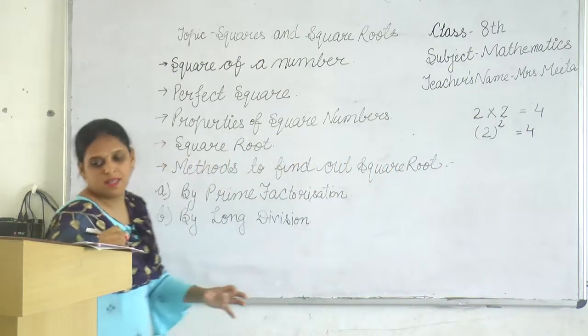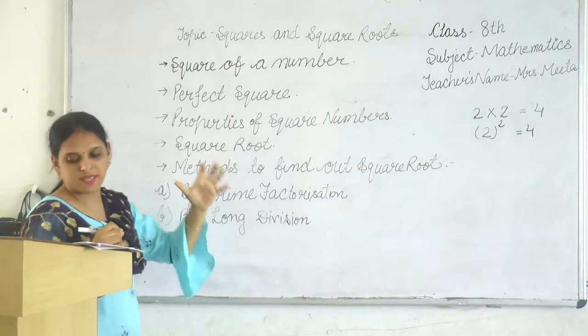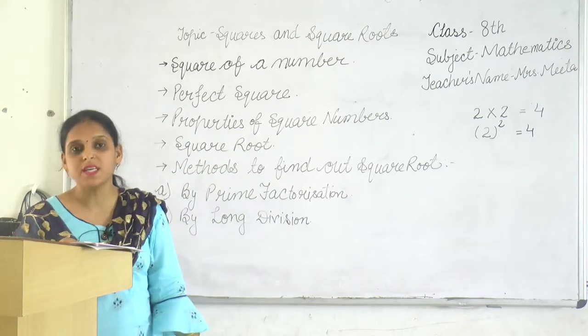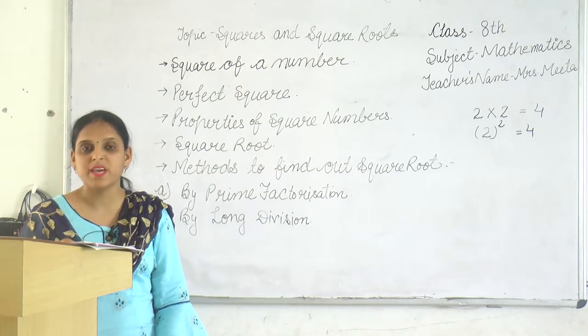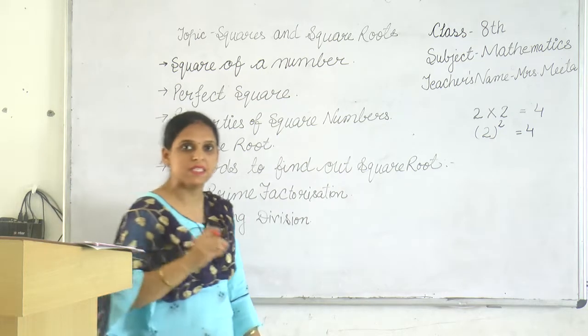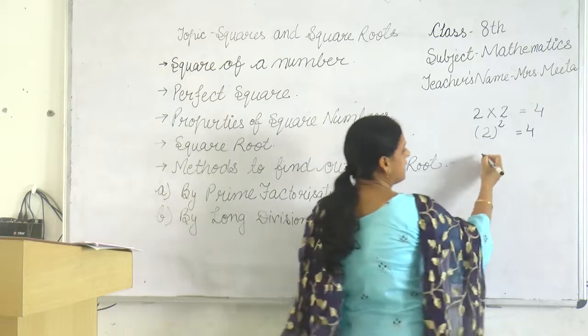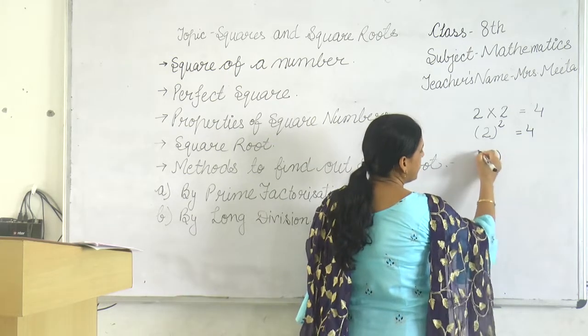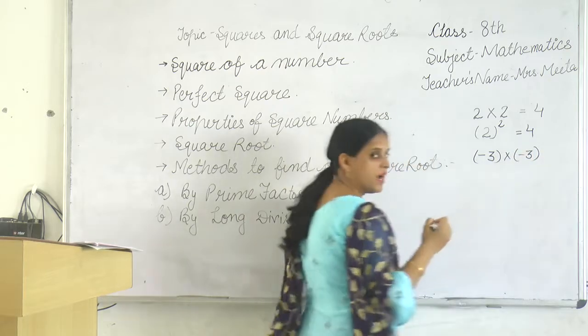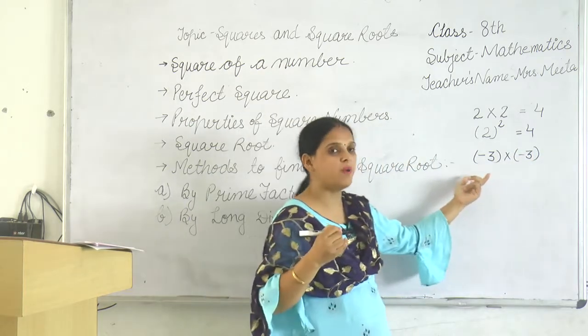Now the next topic is perfect square, same as the square number. A perfect square is a number that can be expressed as the product of two equal integers. Means when we are finding the product of two equal integers. I am taking the example of minus 3.